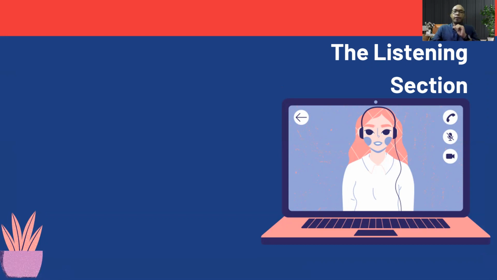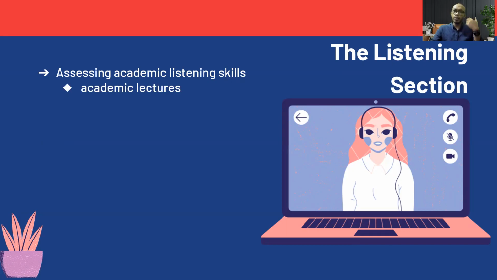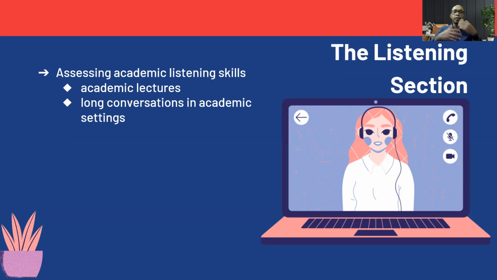Let's move on now and focus on the second section of the test, which is the listening section. Similar to the reading section, the listening section also wants to see your listening skills in an academic setting or environment. And this includes how well you understand an academic lecture, the kind of lecture that you get in a university class, and how well you understand longer conversations, also in academic settings.